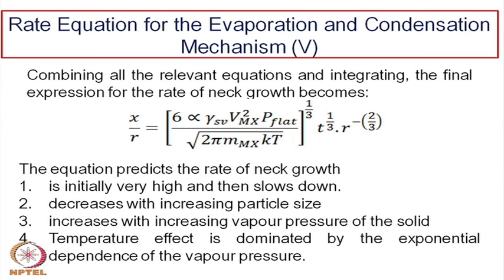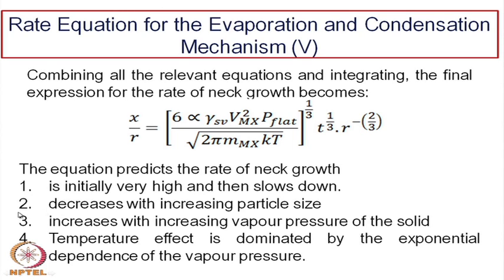Okay, it is certainly not linear, it is a curved relationship, and initially with lower values of t it grows quite fast, but as we increase the time it slows down, it becomes more or less constant after some time, and as it reaches 100% density or 100% growth, the rate becomes very slow or almost nil. That is one piece of information we get from this equation.